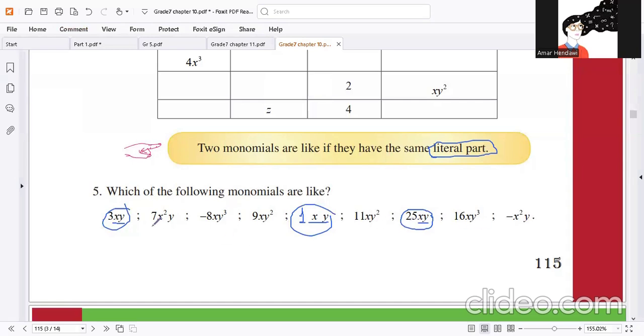So this one and this one are like monomials. Here we don't have a number, it means we have -1. Now we have here xy cube. Do we have xy cube? Yes. Here xy cube and 16 xy cube are like, and the last two are also like monomials because they have the same literal part.